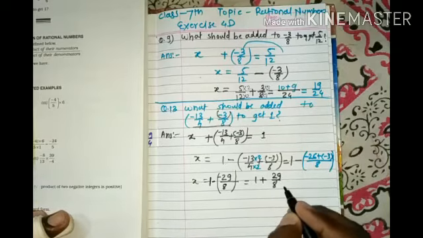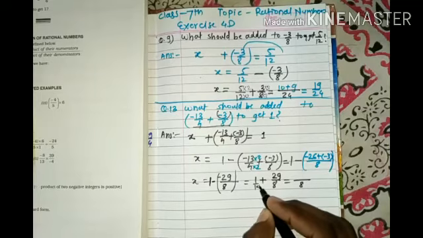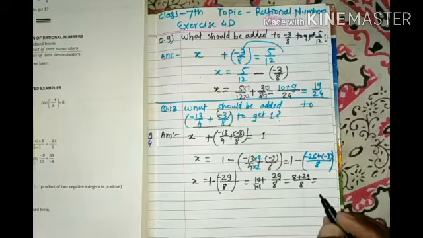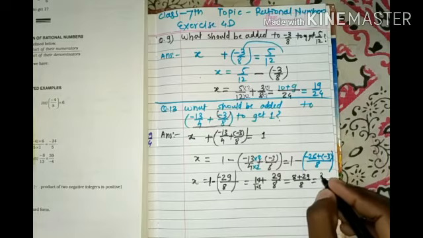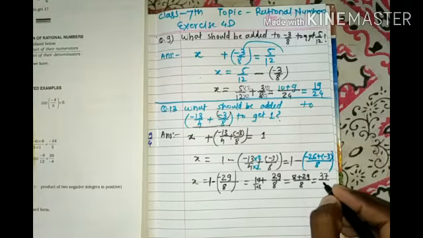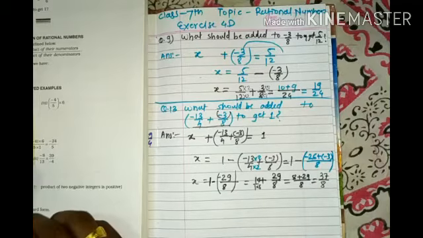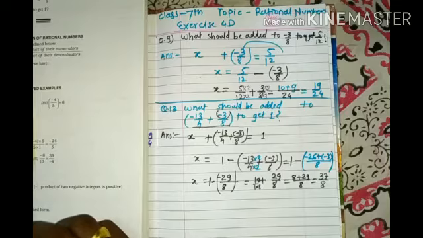So again we will take the LCM 8. So I will multiply 1 by 8, so 8 ones are 8 plus 29. So 29 plus 8 is 37 upon 8. So this is our final answer. In this way we can do the remaining problems of what should be added.